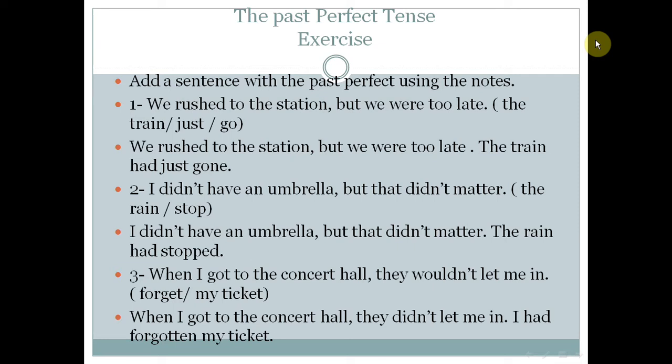So we rushed to the station, but we were too late. The train had just gone. So the train had just gone happened, took place before we rushed to the station.